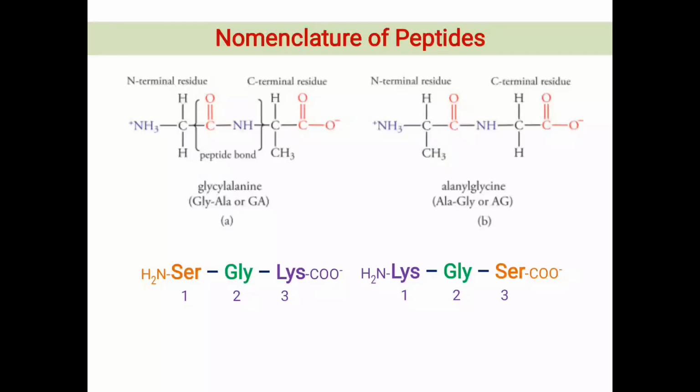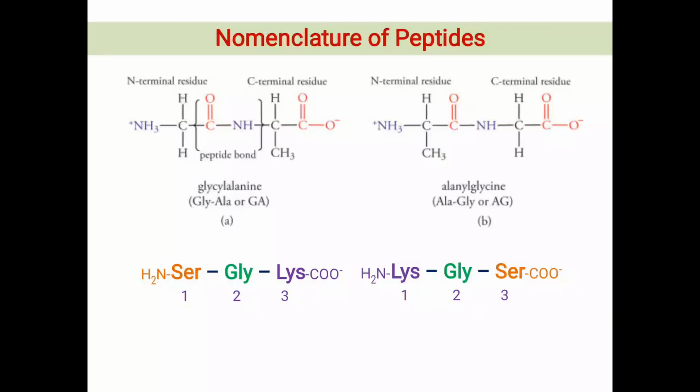Here are two tripeptides. One is composed of serine, glycine and lysine: serine is at the N terminus, glycine is in the middle of the sequence, and lysine is at the C terminus. The second tripeptide is lysine, glycine, serine: lysine is at the N terminus, glycine as usual is in the middle, and serine is at the C terminus.